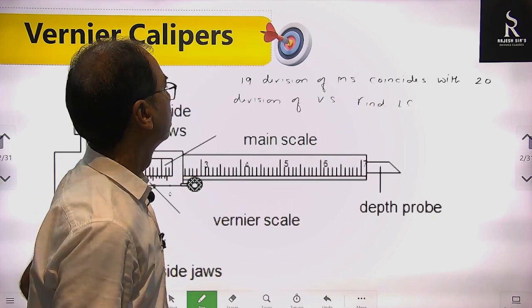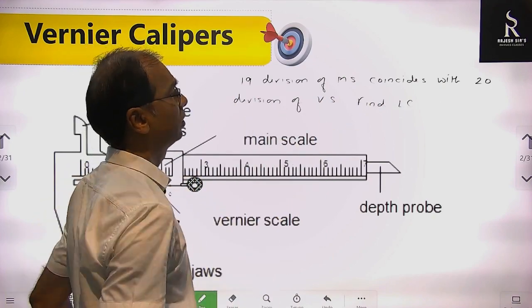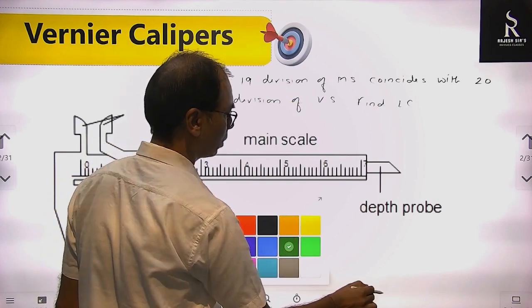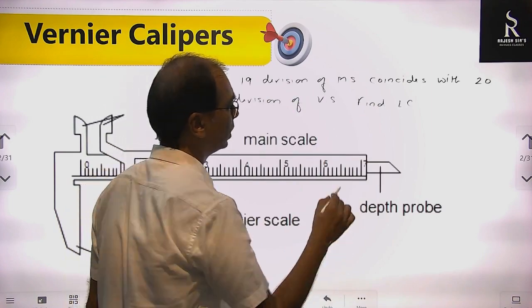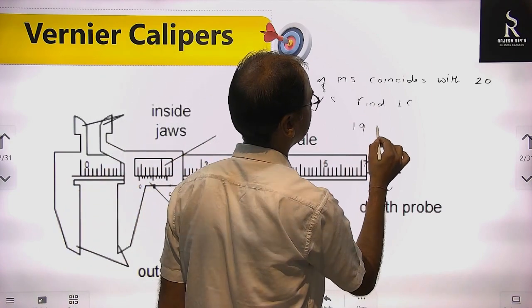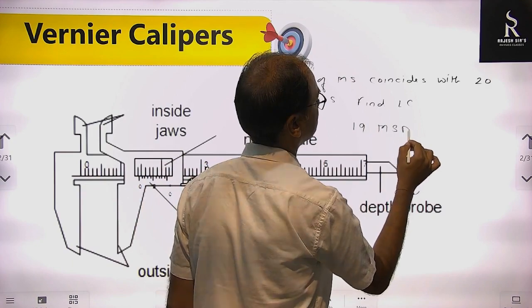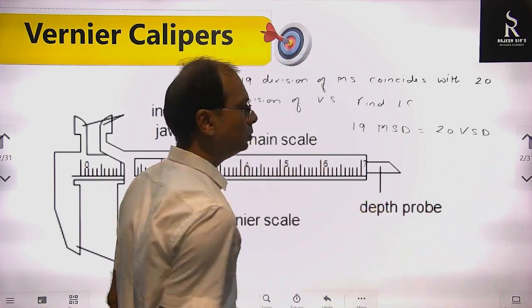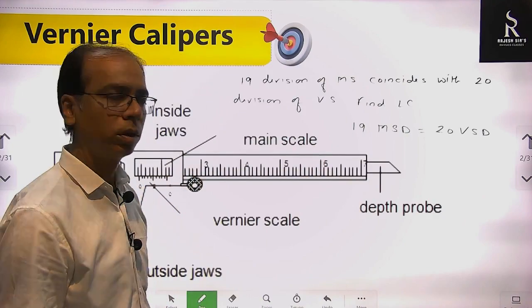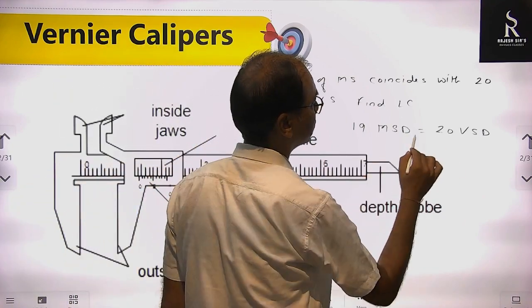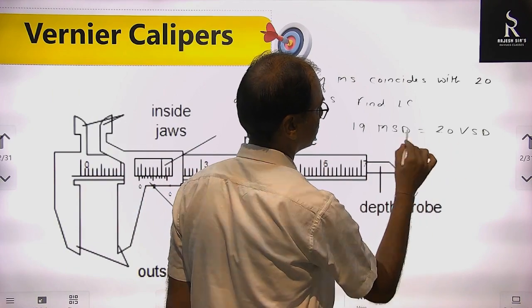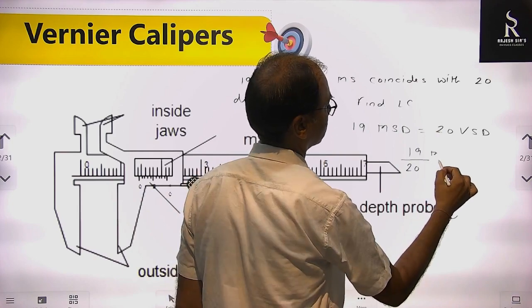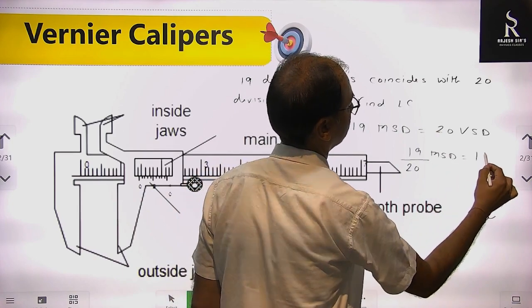So now what he says, 19 divisions of main scale are coinciding with 20 divisions of vernier scale. It means 19 main scale divisions are equal to 20 vernier scale divisions. So from here, what is one vernier scale division? 19 by 20 main scale division equals 1 vernier scale division.